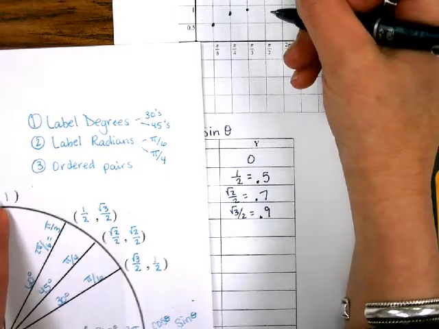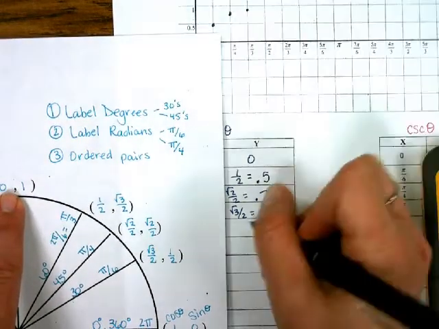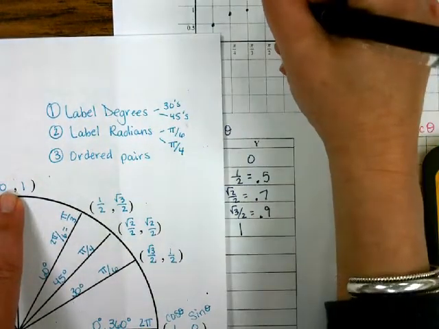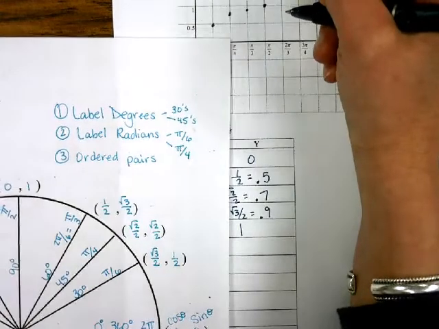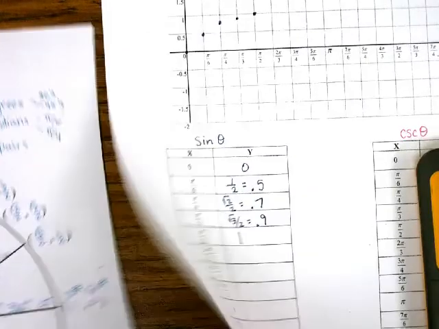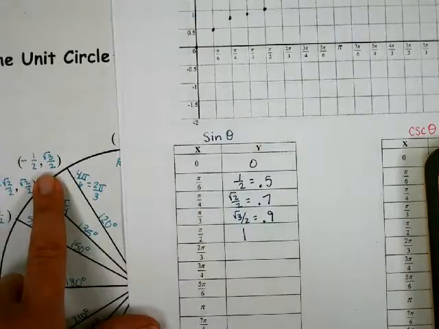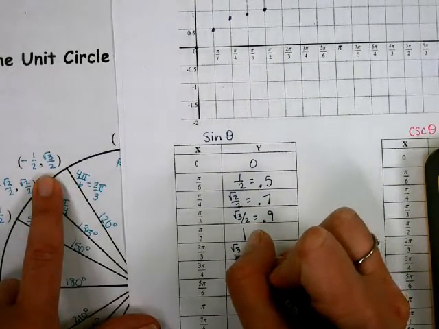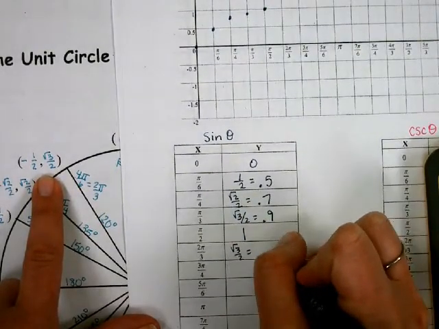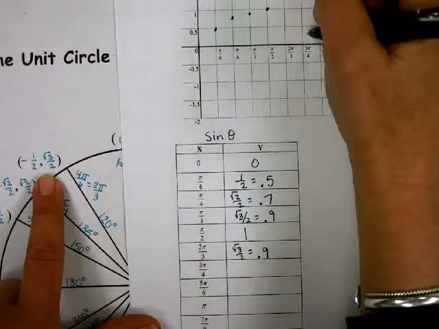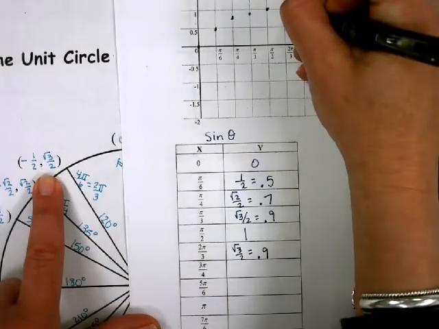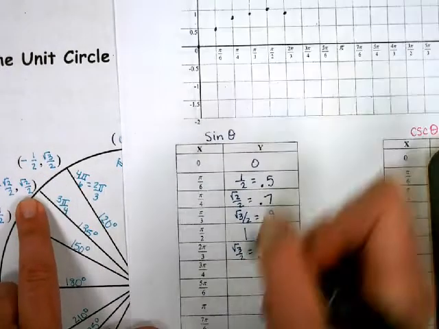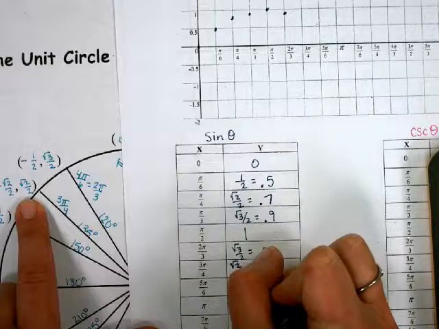And then on my circle, sine of pi over 2 is 1. And then I'm going to keep going. Sine of 2 pi over 3 is root 3 over 2. Put that in our calculator, we found it's 0.9. 3 pi over 4 is root 2 over 2.